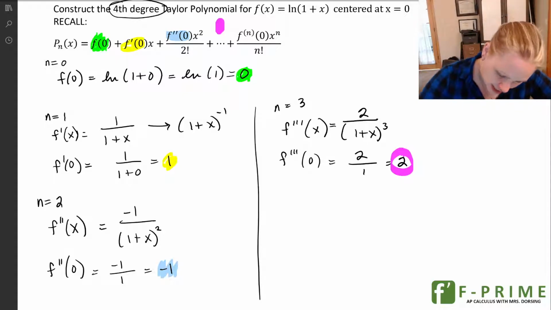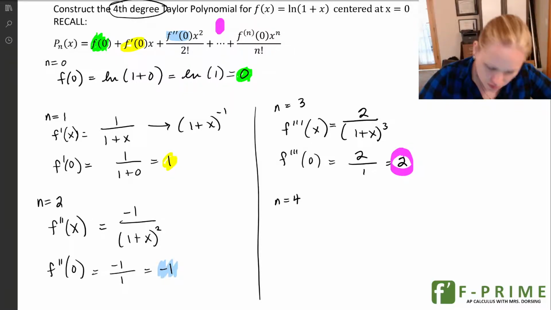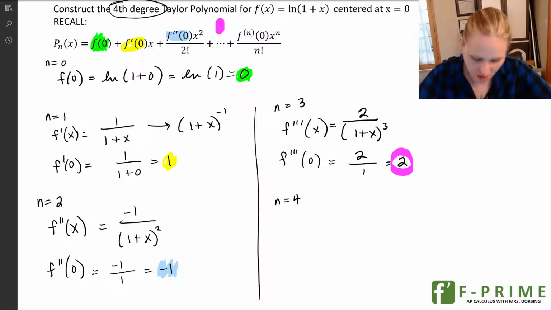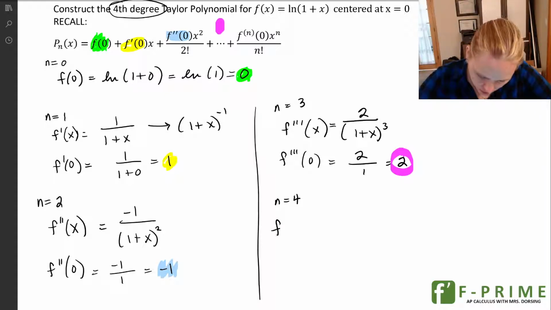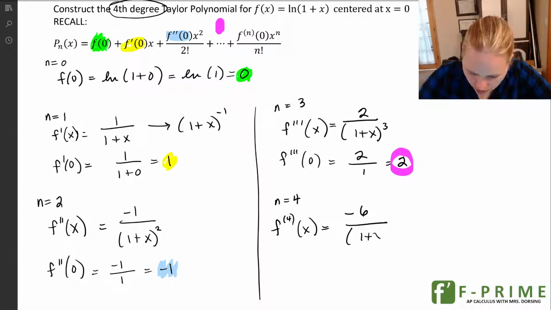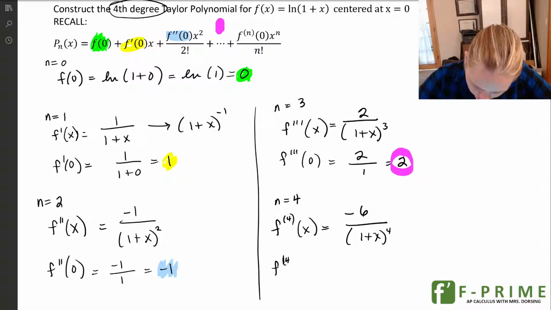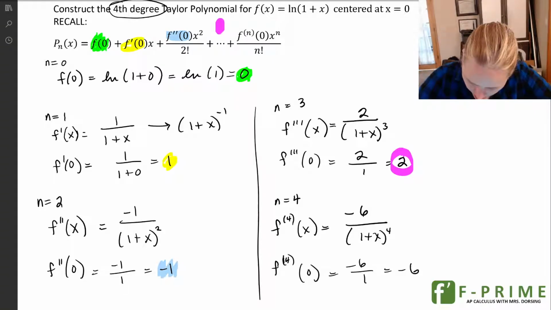But then lastly, n equals 4. So this means it's a 4th degree polynomial. That means the highest power I'm going to have in C is a 4. So the 4th derivative of x turns into negative 6 over 1 plus x to the 4th power. And when I plug in 0, I get negative 6 over 1, which is just negative 6.